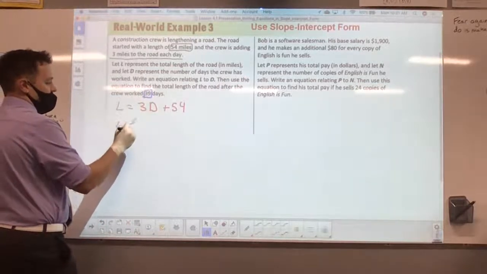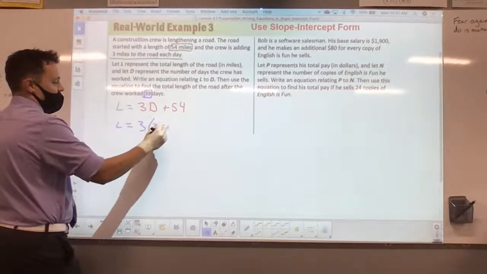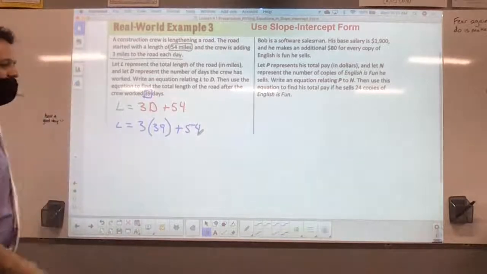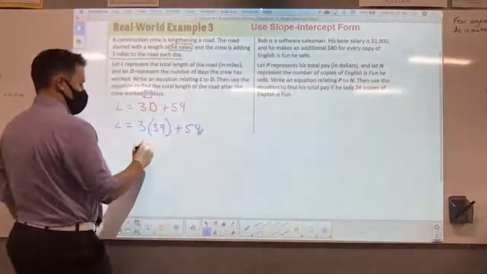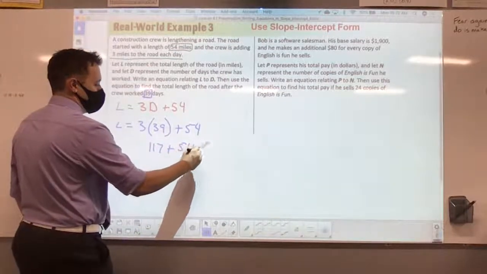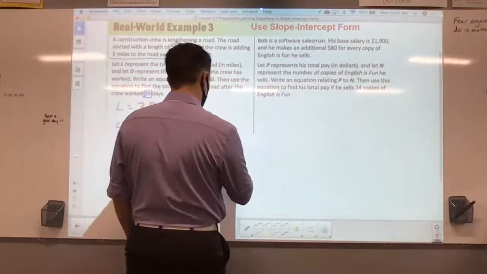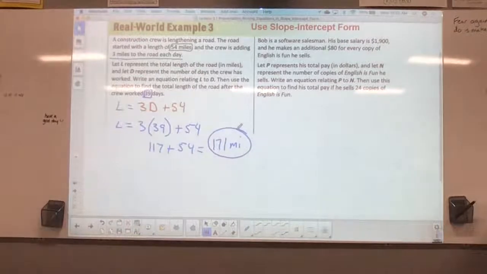So instead of D, you plug in 39, times 3, plus 54. And ladies and gentlemen, get yourself a handy dandy calculator. 117 plus 54 equals what? 171. That's it. 171 miles. Simple equations.